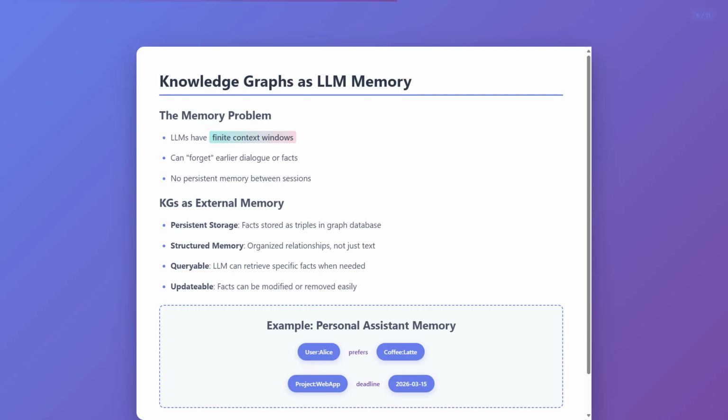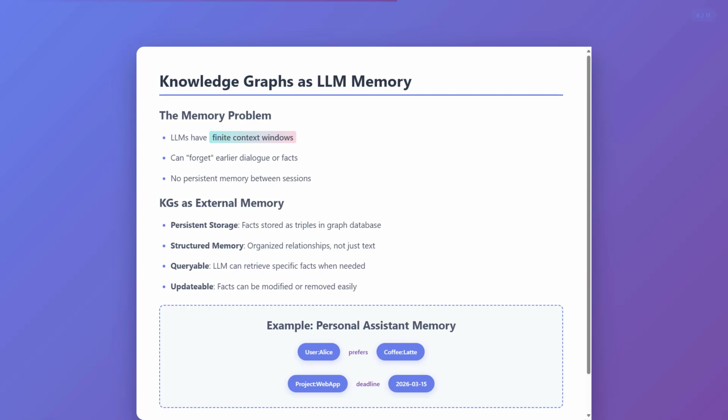The beauty is in the retrieval. When generating responses, the LLM can query the knowledge graph to fetch relevant facts. If someone asks, "What's my project deadline?" the system doesn't need to search through conversation history. It queries the graph for edges connected to that user and projects.